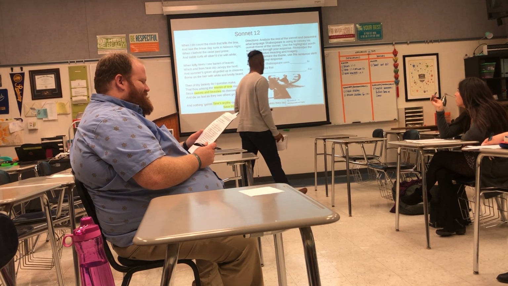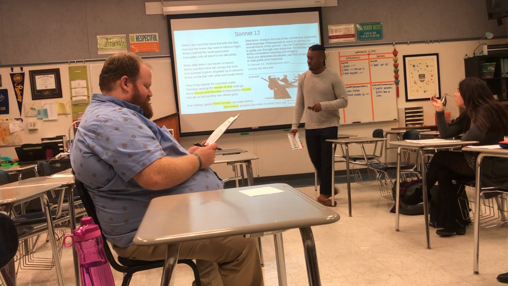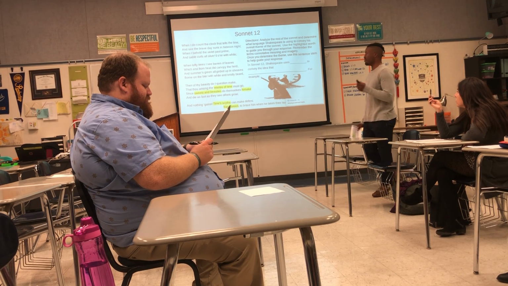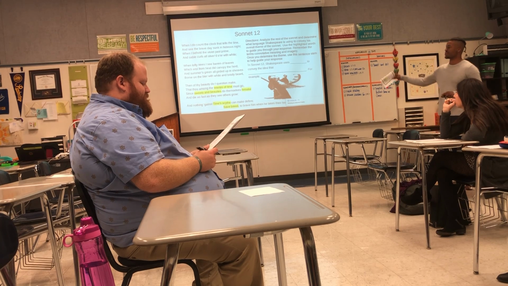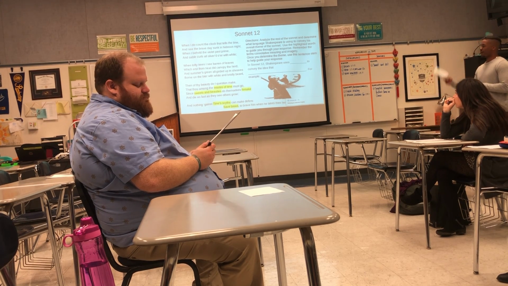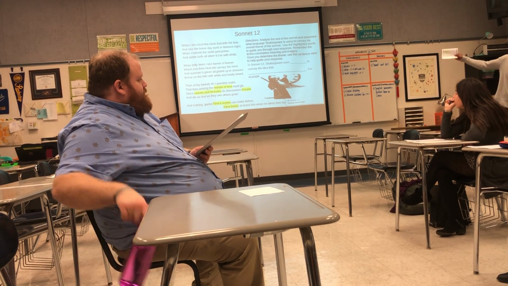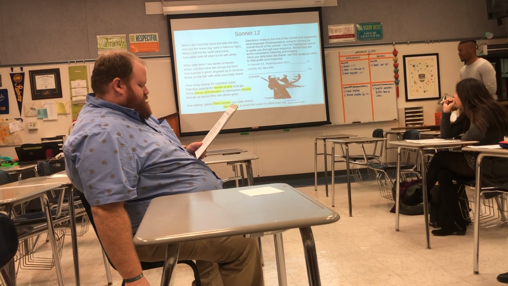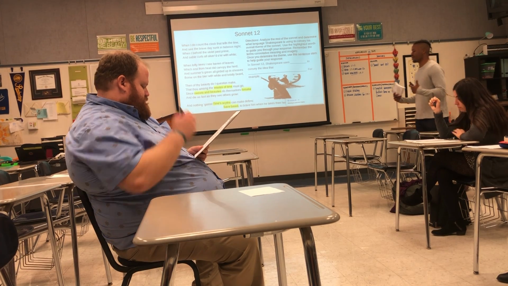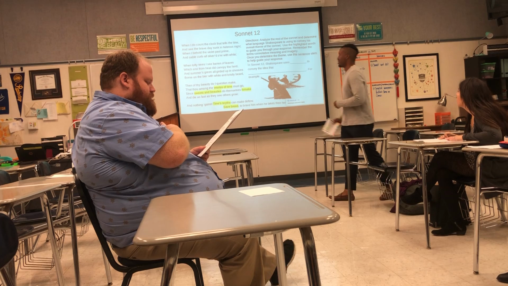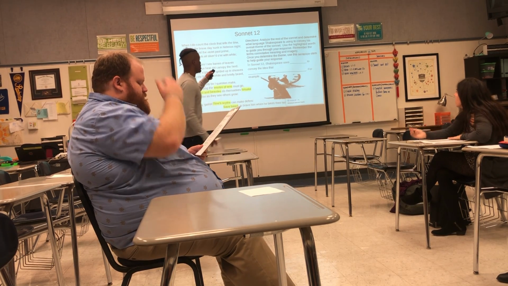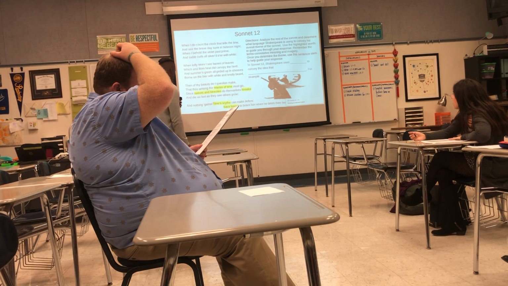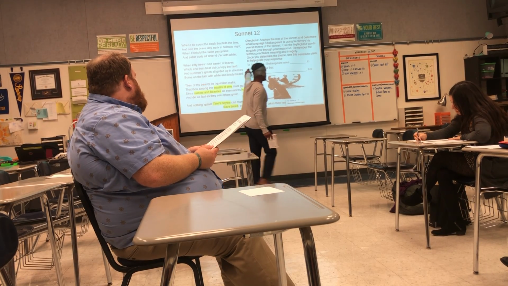So now, very briefly, I want you all to break down the last quatrain and also the couplet, which is the last two lines. As you do this, look at these directions and be mindful of them. Try to figure out the overall theme of this sonnet from this quatrain and the couplet, and then use this sentence stem to guide your answer.